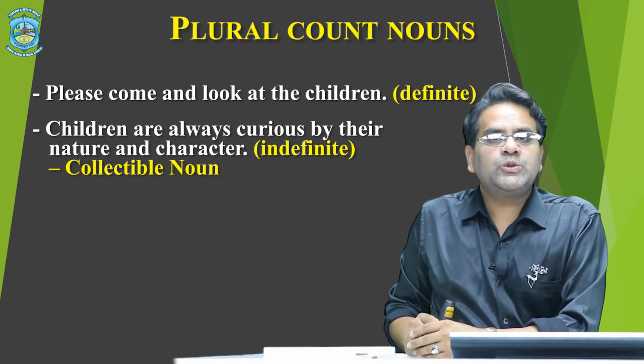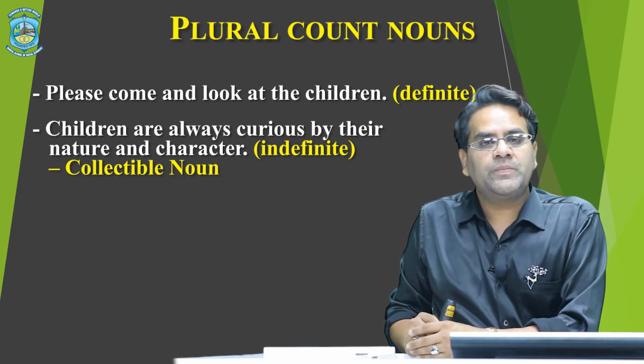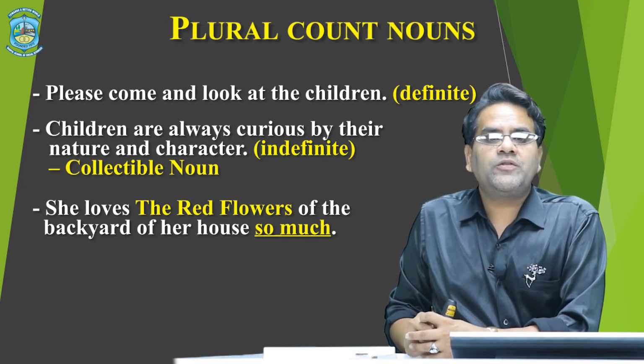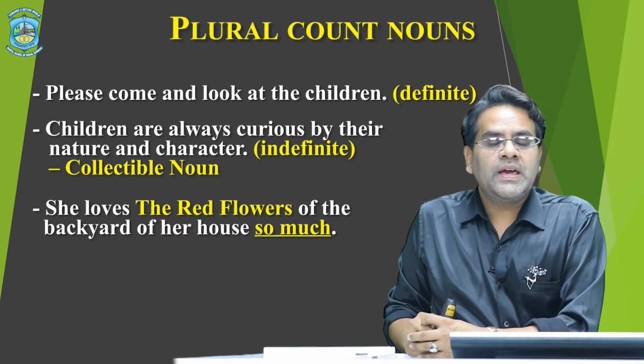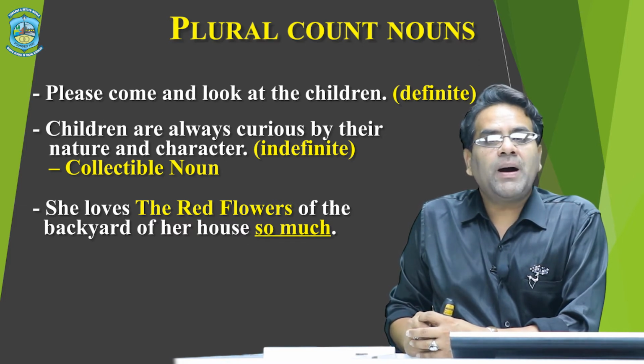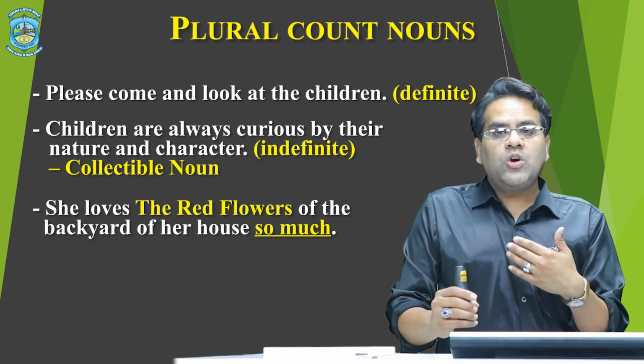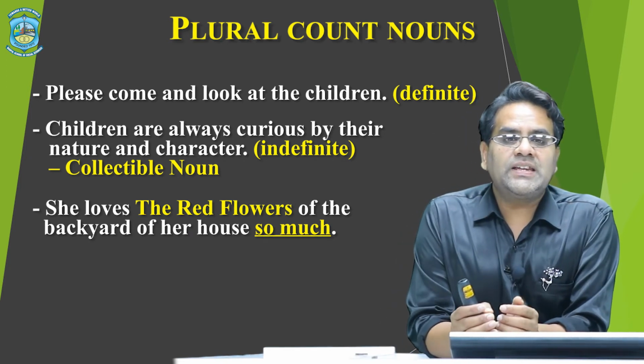Now look at these two statements down below. "She loves the red flowers of the backyard of her house so much." I've underlined the part "so much." It's because I want to make you concentrate on the use of countables and uncountables.